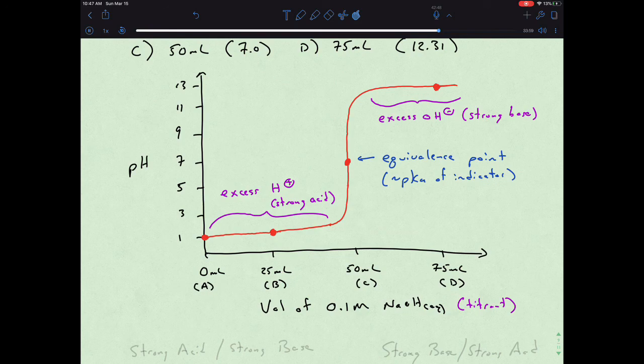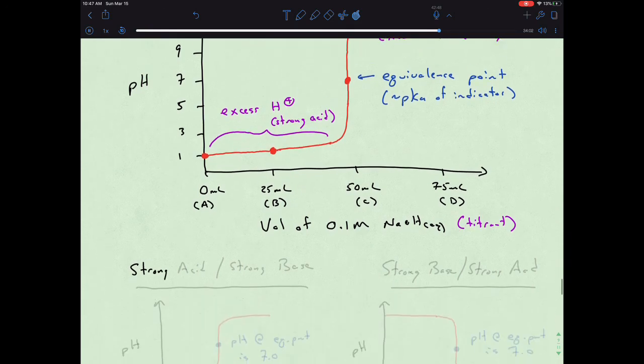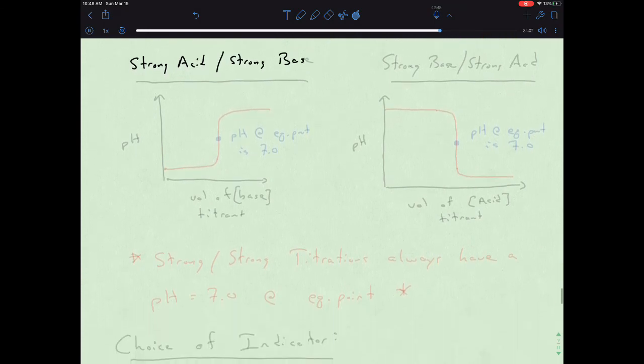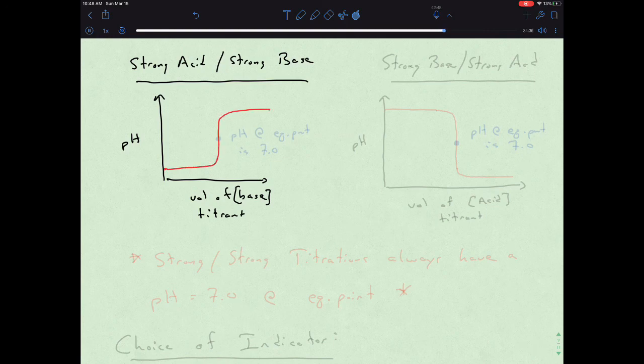If I were to look at a strong acid, strong base titration, like we see above, we're always going to see that general type of curve, meaning that we're going to see that exact same curve that we see above, where we're going to have a very low pH, we're going to see a very large increase in the middle, and then we're going to have a very high constant pH.